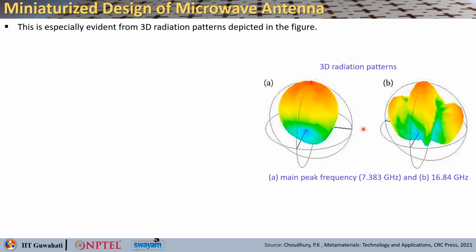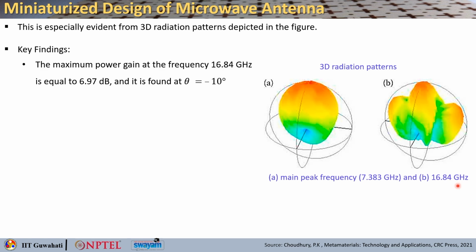This is especially evident from this 3D radiation pattern which is shown here. Here the figure shows you the 3D far field radiation pattern of the miniaturized antenna at the main peak frequency, which is 7.383 gigahertz, the figure on the left, and you can also see it for the other frequency, that is 16.84, which I have considered.